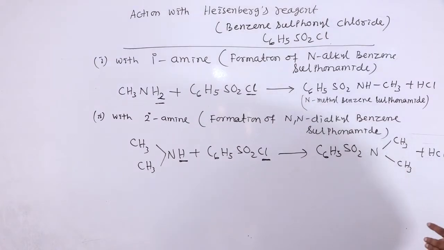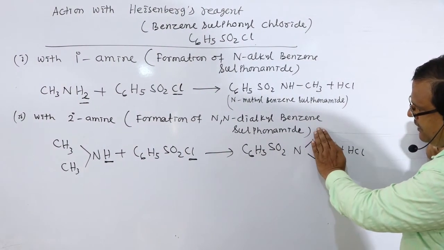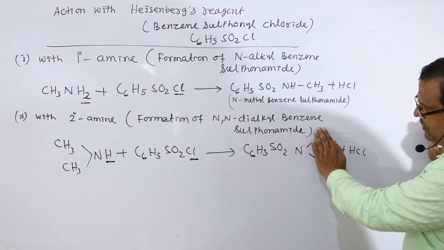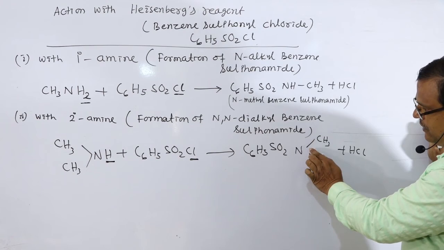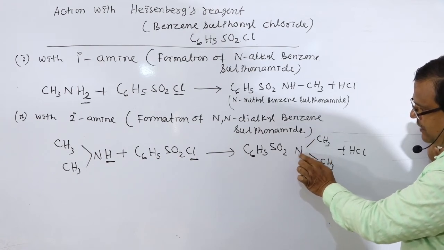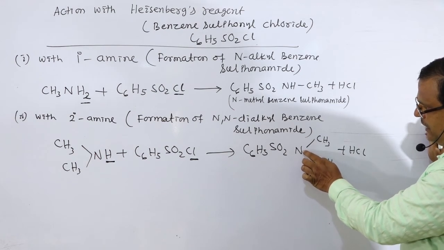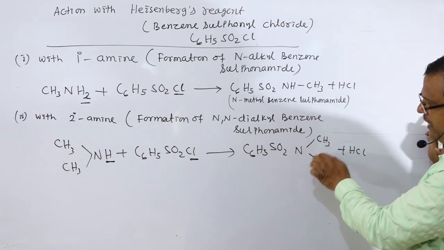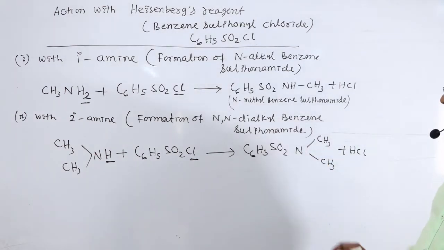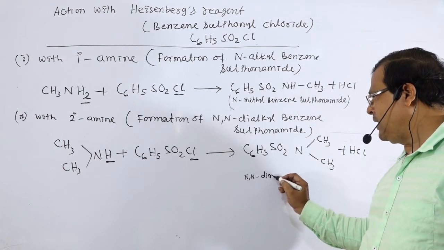How do we name it? If these groups are not there, it is known as benzene sulfonamide, NH2. From that benzene sulfonamide, the two hydrogen atoms linked to the nitrogen are replaced by methyl groups. So it is named N,N-dimethyl benzene sulfonamide.